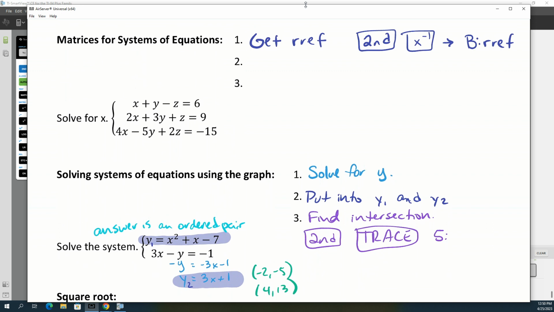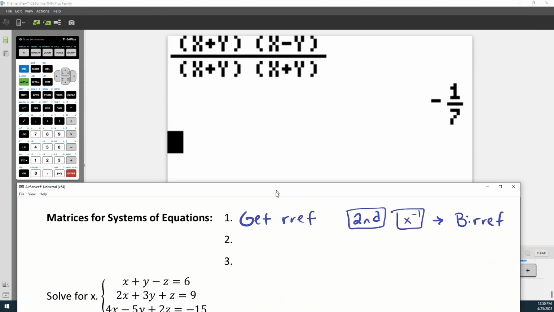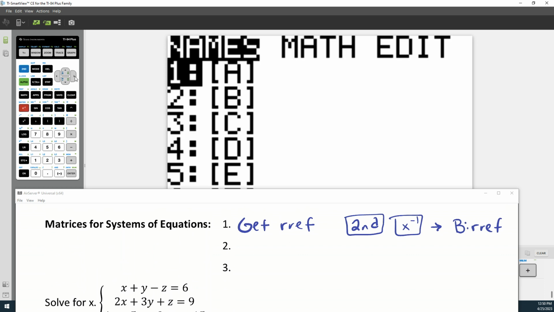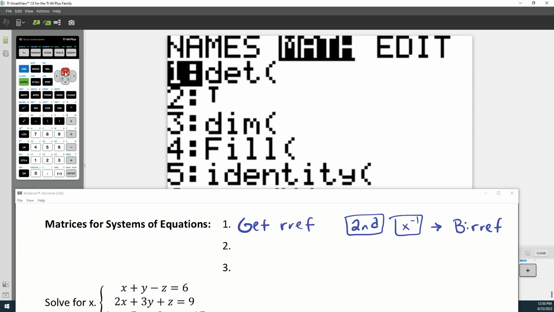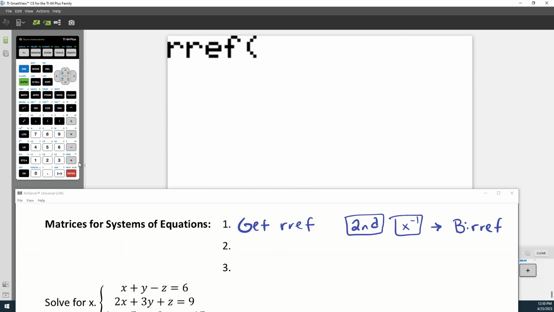Hopefully, when we start doing it, it'll come back to you. That's a lot to kind of keep straight. Okay, so second, x to the negative 1, because it says matrix right on top of it. Go over to math, and then scroll to B, and that'll give you your RREF.